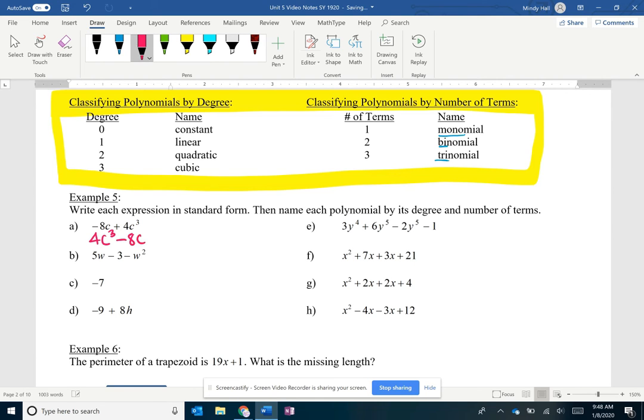So since my highest degree is a 3, that means this is cubic. And then we have two terms, because you notice we have 1, 2, because you want to put those little commas in there. So that would make this 2 terms a binomial.